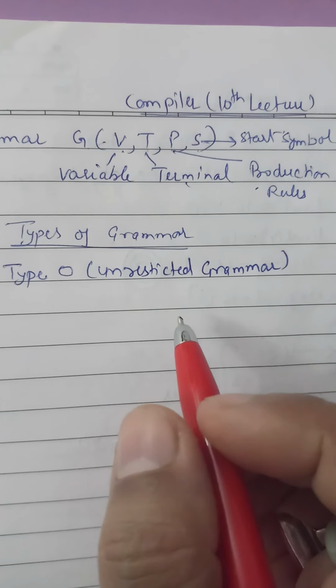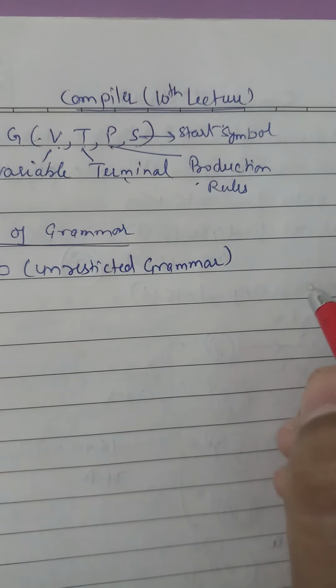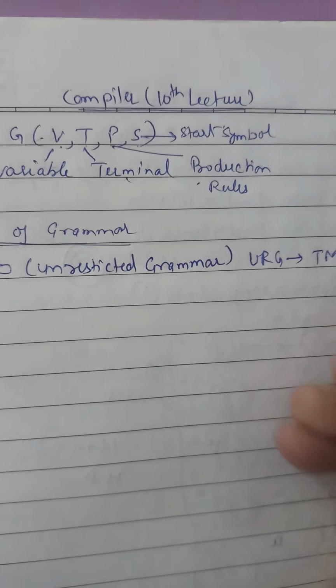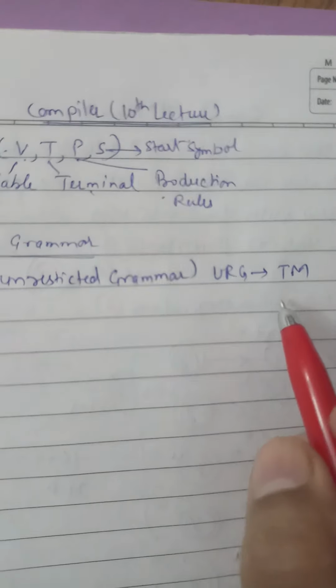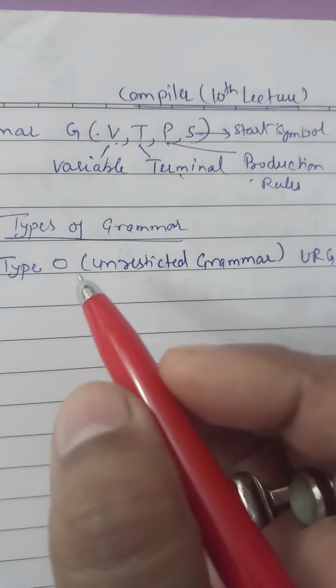Unrestricted grammar, type 0 grammar, in which Turing machine will come. Type 0 unrestricted grammar.